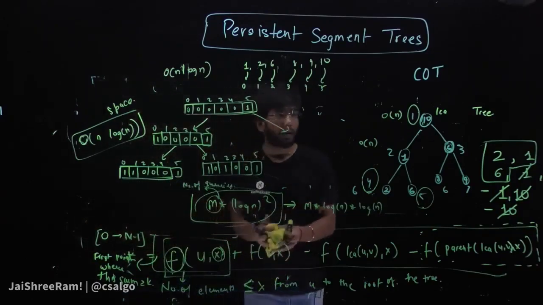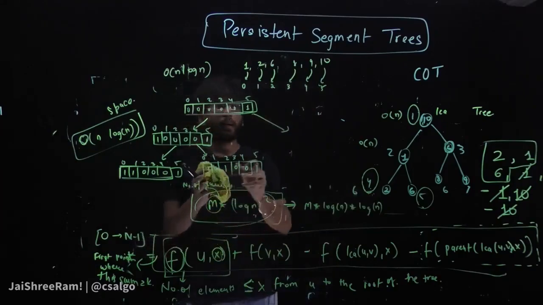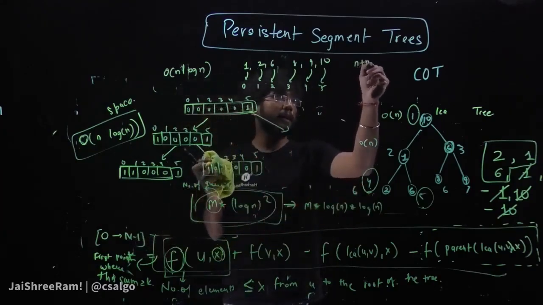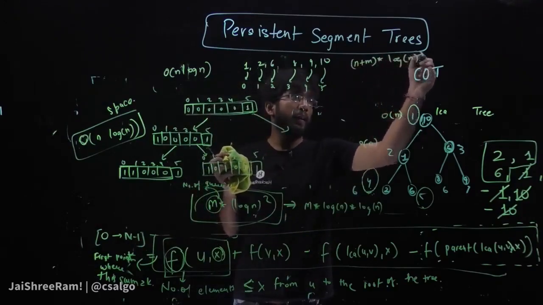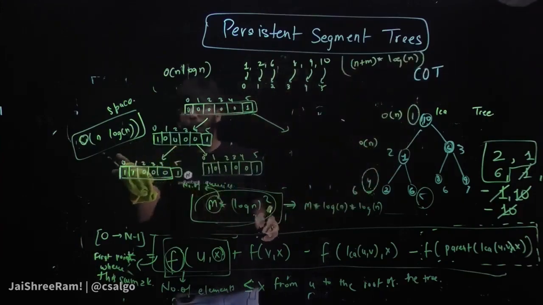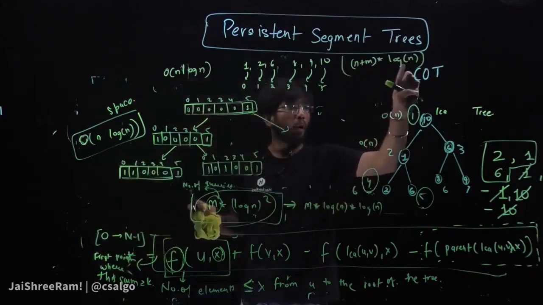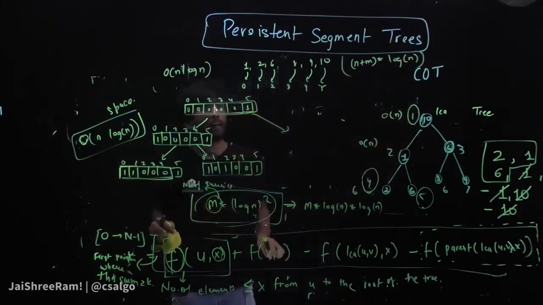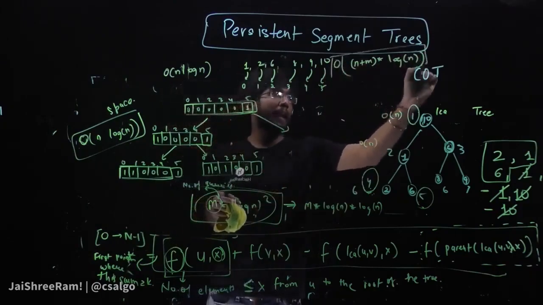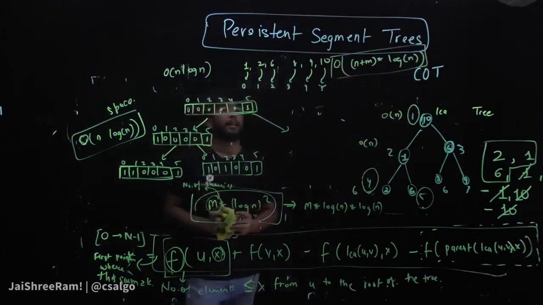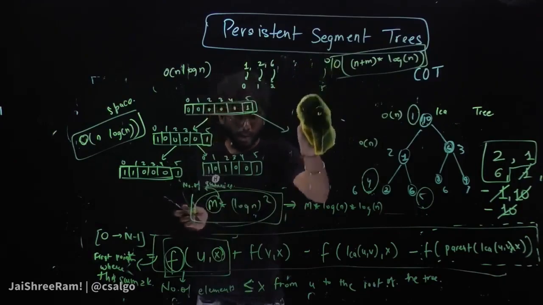Now I'll jump onto the solution to this, wherein we'll be going on to a complexity like this, which includes n log n for the construction of the segment tree and log n for answering each query. And since there are m queries, the complexity would look something like this.